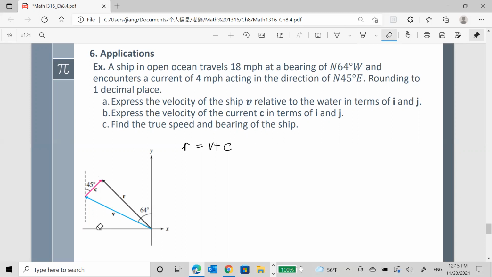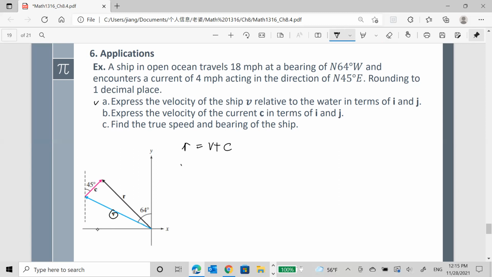Okay, let's read the question, because maybe we missed something. First, express the velocity of the ship v relative to the water in terms of i and j.